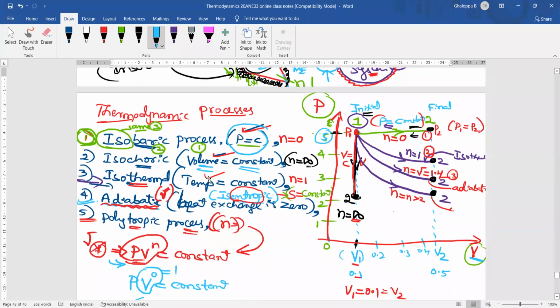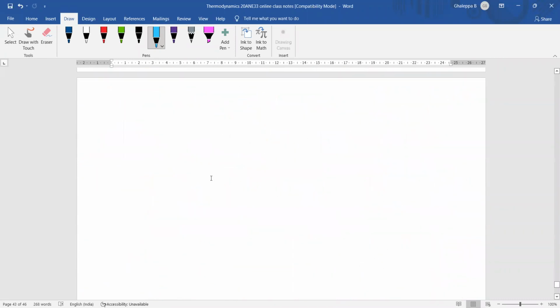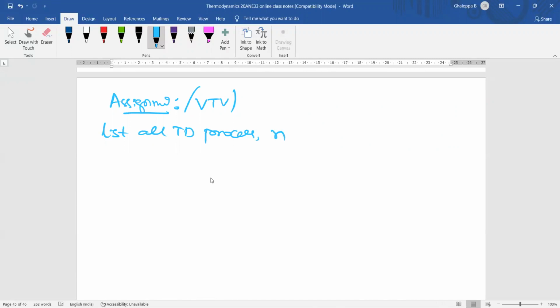First, I request you to write the name of the process. How the question will be asked in the VTU exam or in the semester exam or in the internal: list all thermodynamic processes, write the value of n, the right value of polytropic index for all thermodynamic processes.